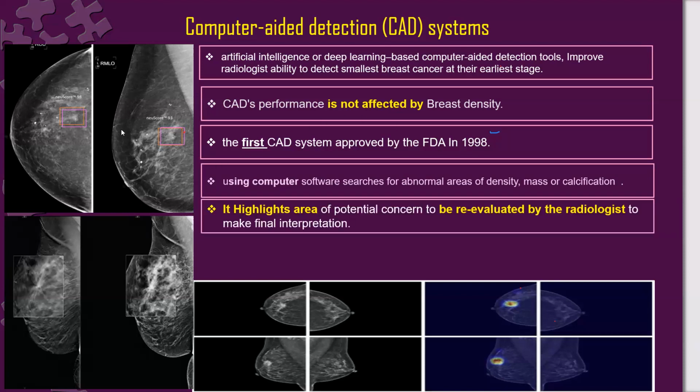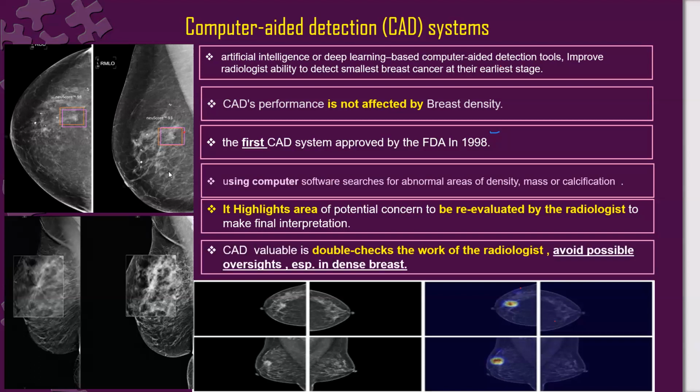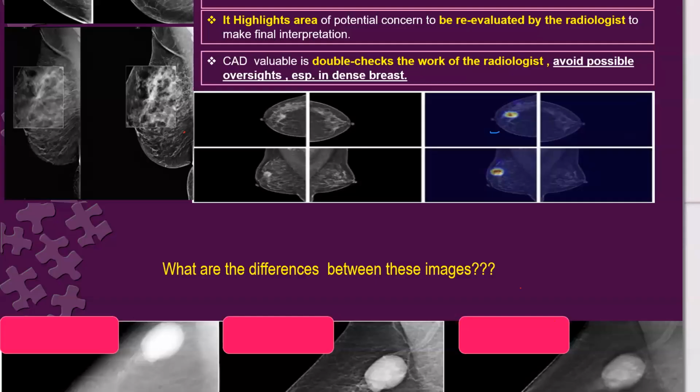These highlight areas of potential concern to be re-evaluated by radiologists to make the final decision. So the CAD system does not diagnose, but it helps the radiologist as a double check or double reading, to avoid all possible oversights, especially in a dense breast.